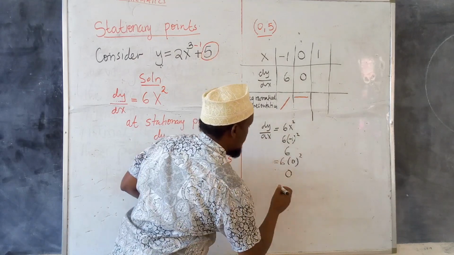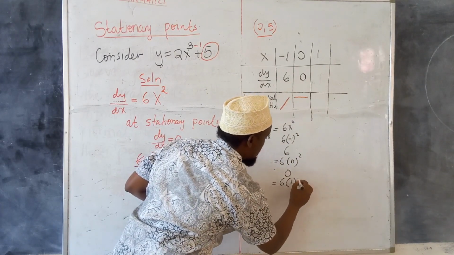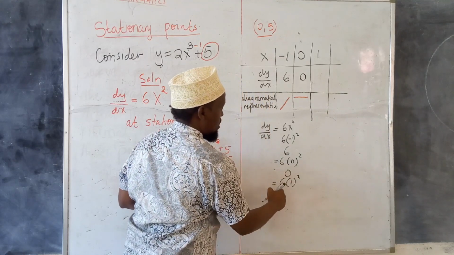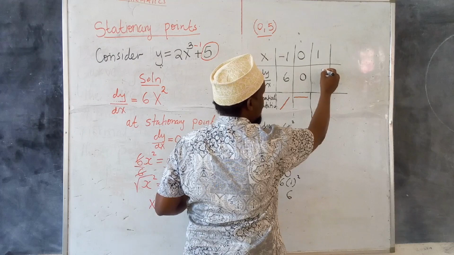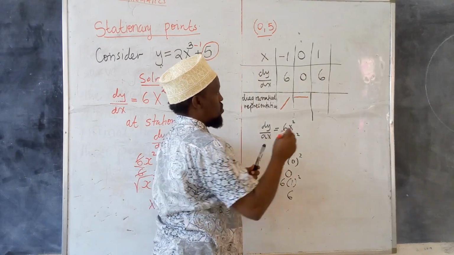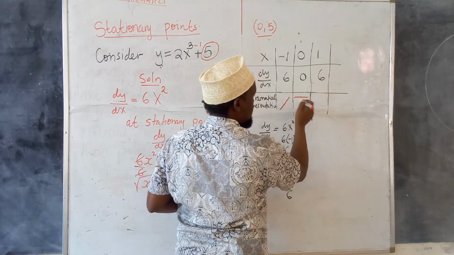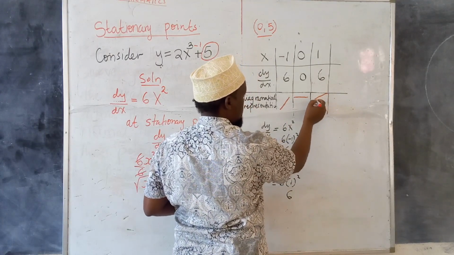Good. What about when the value of x is 1? What will be the gradient? Therefore, dy over dx is 6 times 1 squared. 1 squared is 1, times 6 we have 6. So here now we have 6. And the line whose gradient is positive, just like this one, is how it should be drawn.